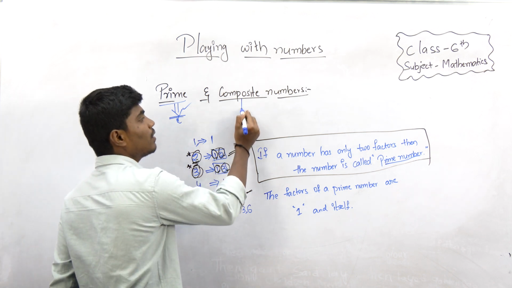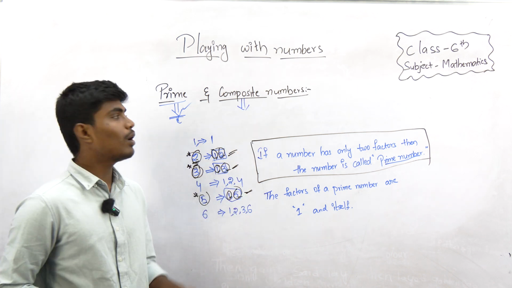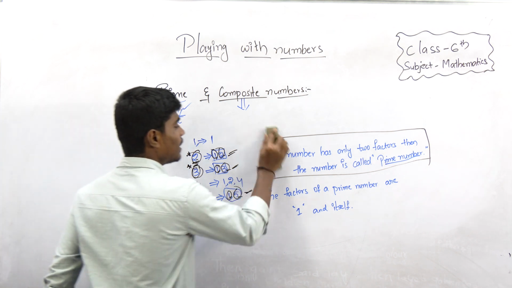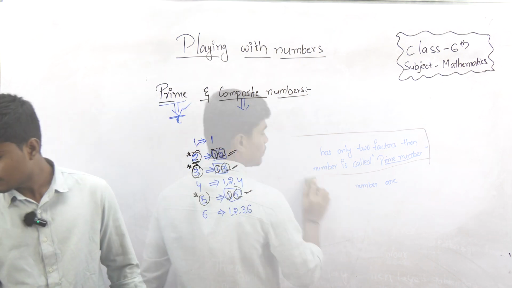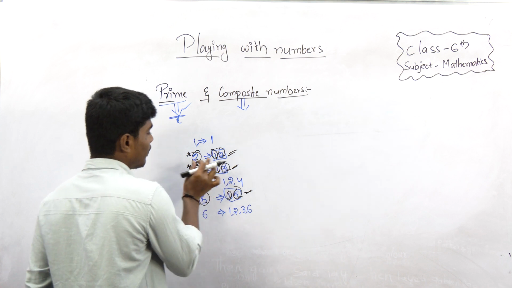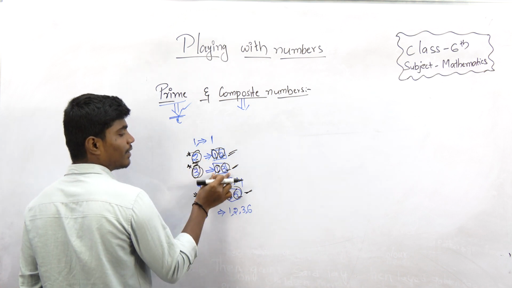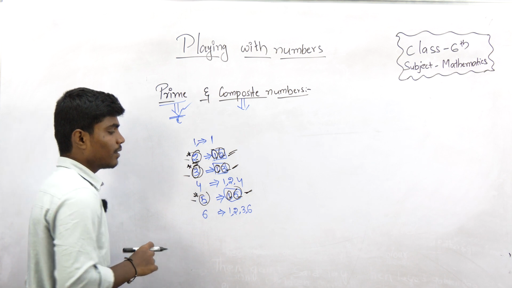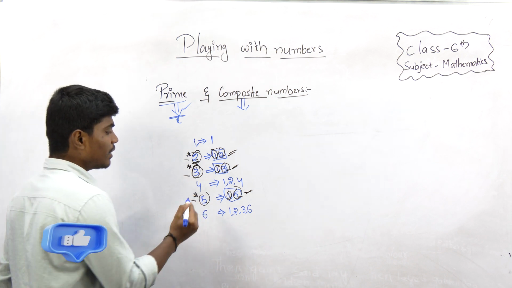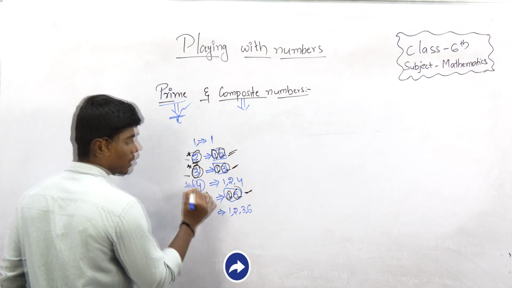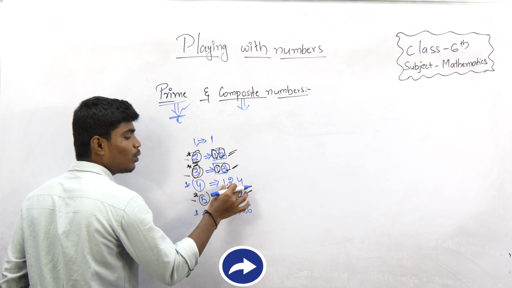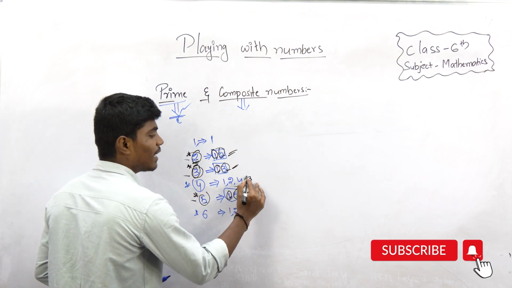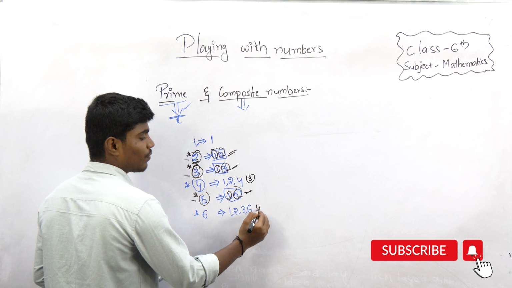Now let's go to composite numbers. What are composite numbers? Here we have written the numbers and their factors. Here 2, 3, 5 are prime numbers, and 4 and 6 have more than 2 factors. 4 has 3 factors and 6 has 4 factors.